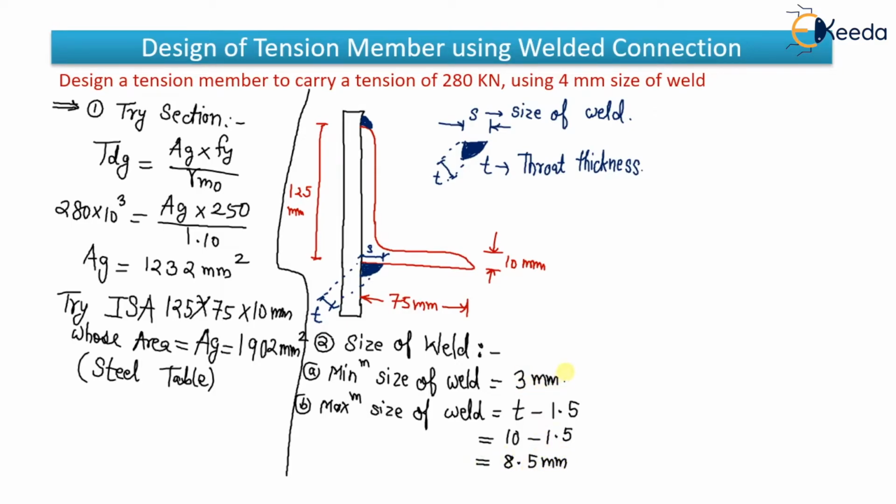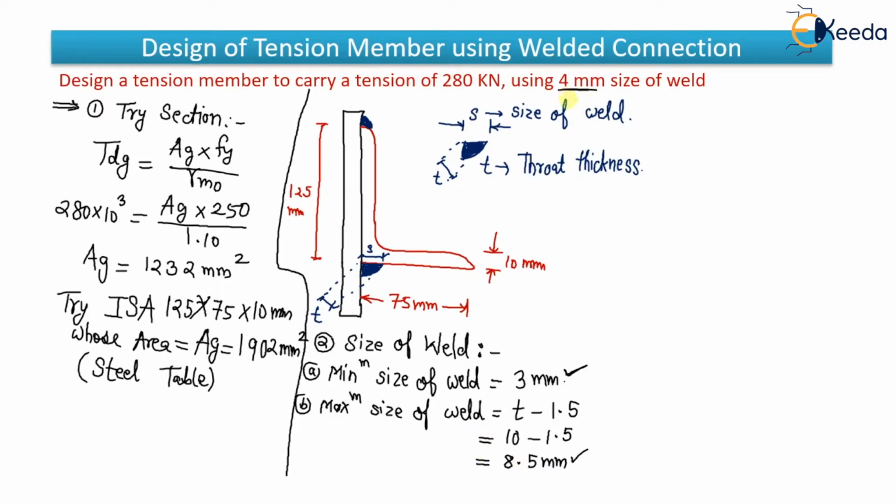So minimum is 3, maximum is 8.5, and you can provide within this range. Is it okay? Minimum was 3, at least 3 should be there. Ours is 4, so it is okay, and maximum should be 8.5, it should be less than that.